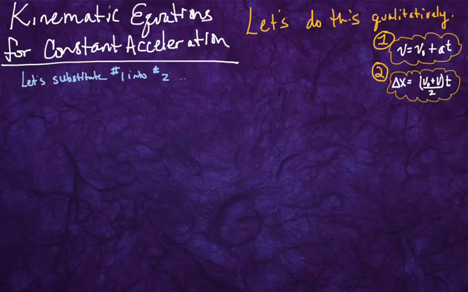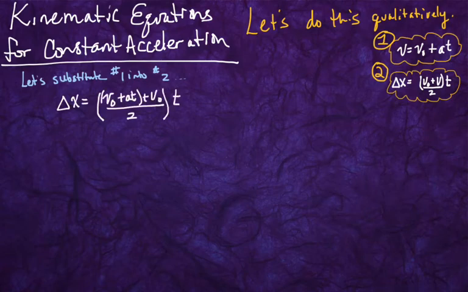We are going to substitute equation number 1 into equation number 2. Lovely, we love doing algebra games. So we know that delta x equals v naught plus... You guys see that? We took this v and plugged it into here.